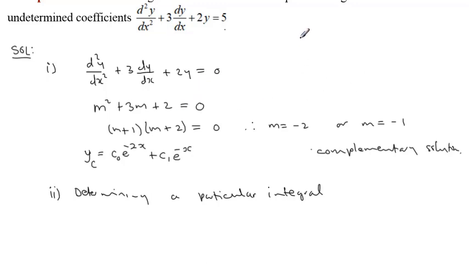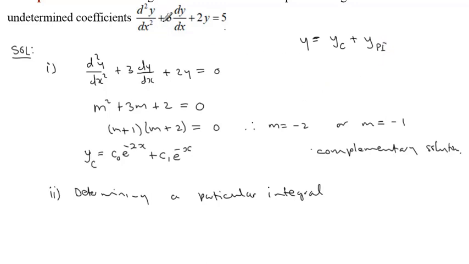So there's a solution y which we're looking for here, but actually it's going to come from the complementary solution, which in this case is going to be y c, plus what we're going to determine now, which is called the particular integral, which I'm going to write here as y pi for particular integral.